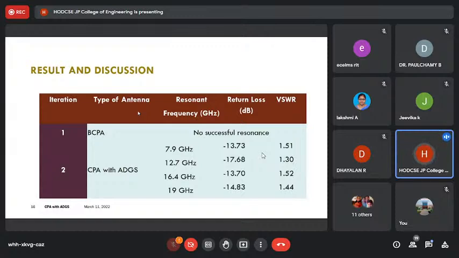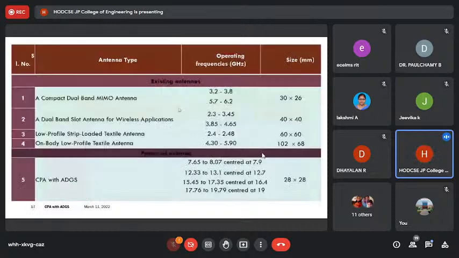Then the third band of operation has resonant frequency 16.4 gigahertz, return loss minus 13.7, where VSWR is also close to unity, 1.52. The last band resonates at the center frequency 19 gigahertz with a return loss of minus 14.83 and a VSWR of 1.44.